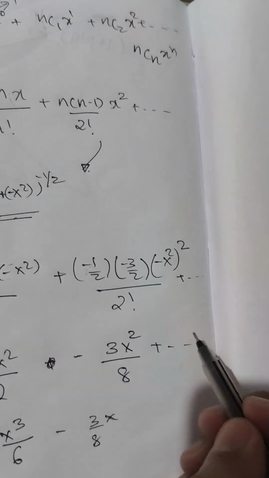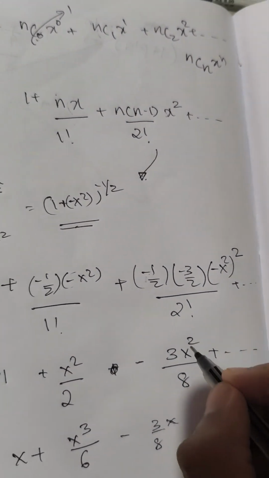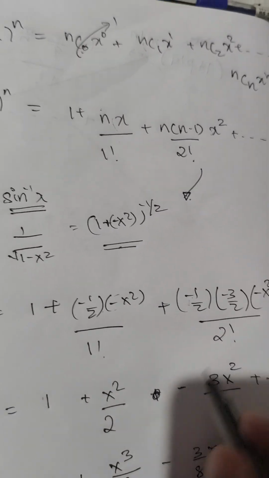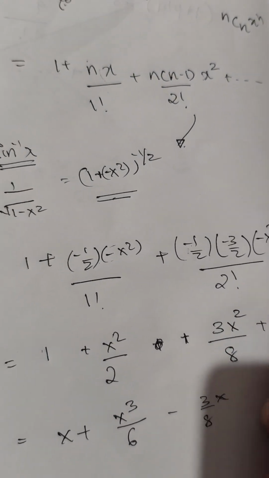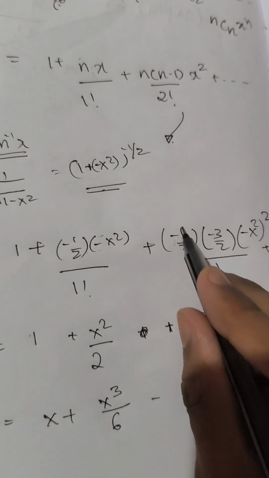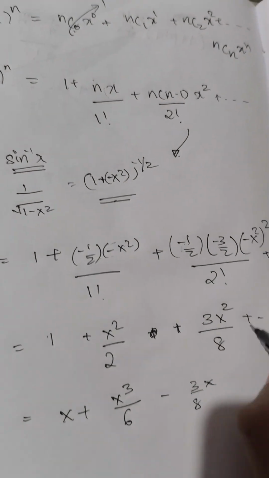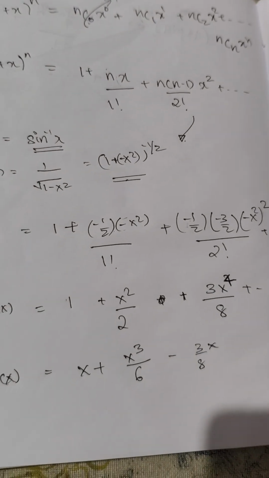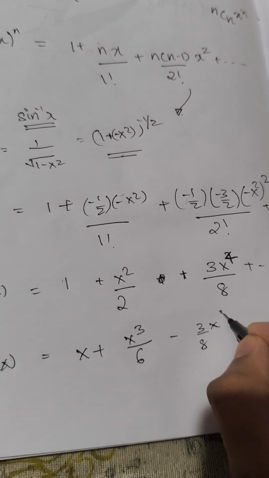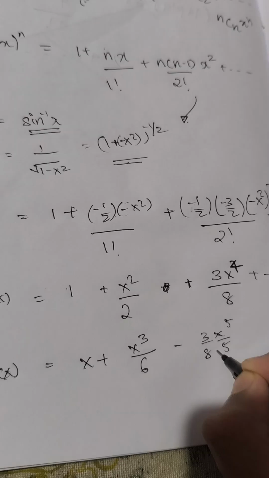Because it's minus x squared, the whole squared. So this will actually be positive, my bad. This is a whole squared, so this term will be positive, and these two negatives cancel out to be positive. So this will be x raised to 4 in the derivative, and after integrating, x raised to 5 by 5.